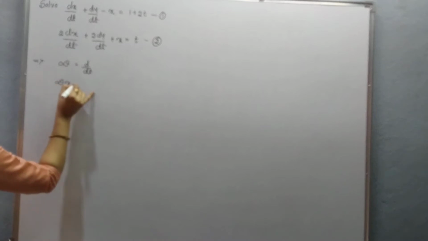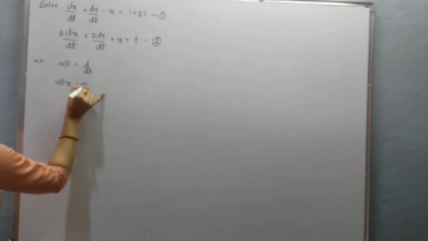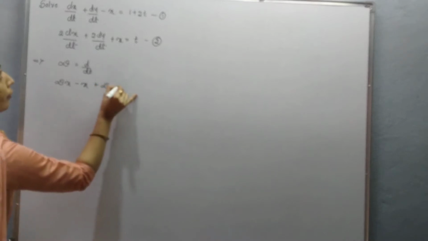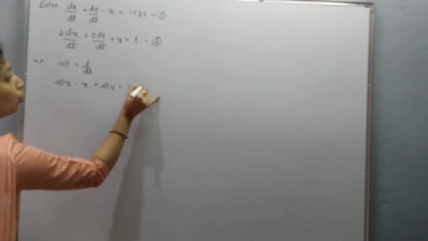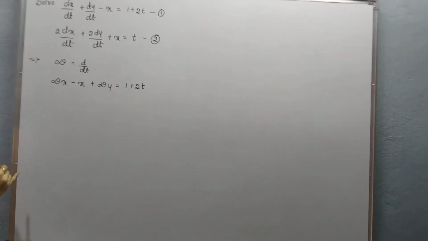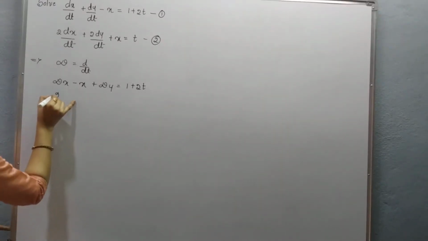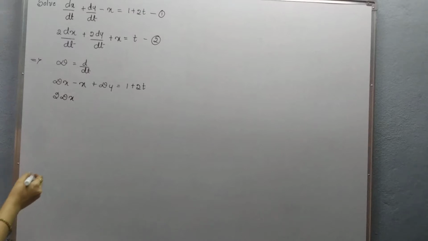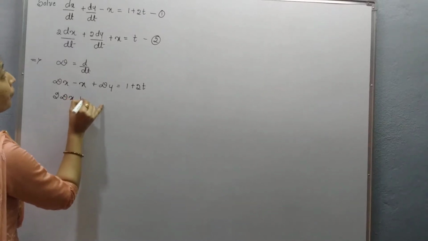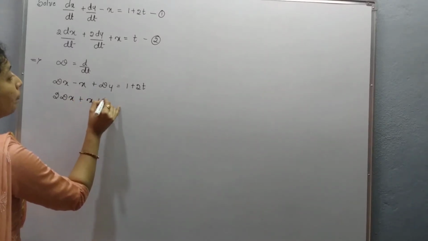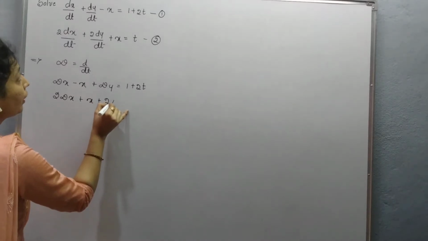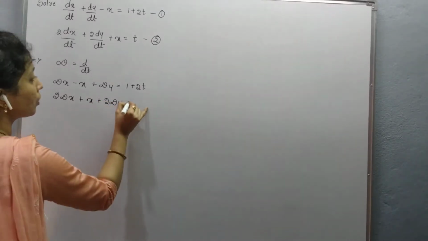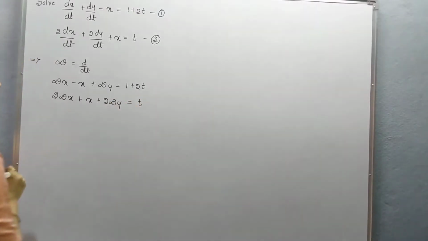dx minus x plus dy is equal to 1 plus 2t, and equation 2, that is 2 dx plus x plus 2 dy is equal to t.